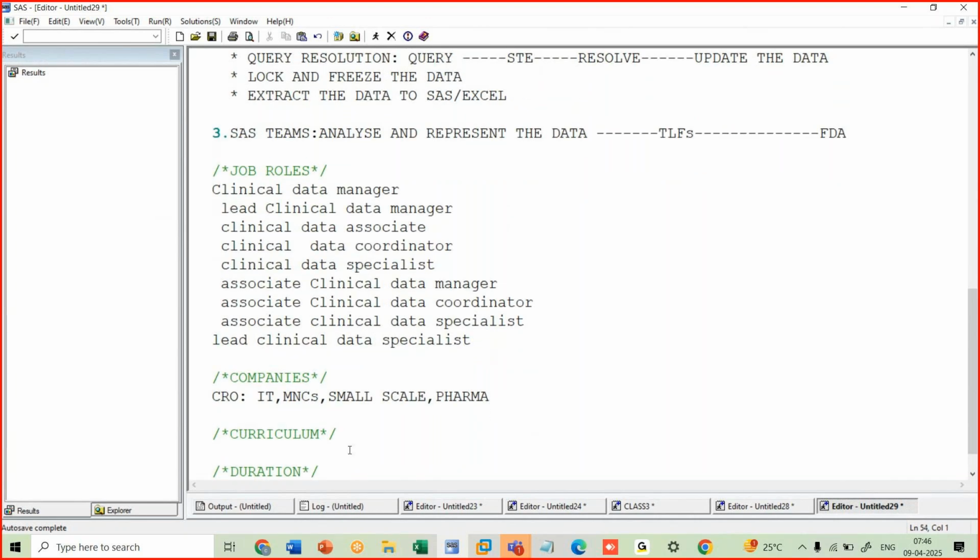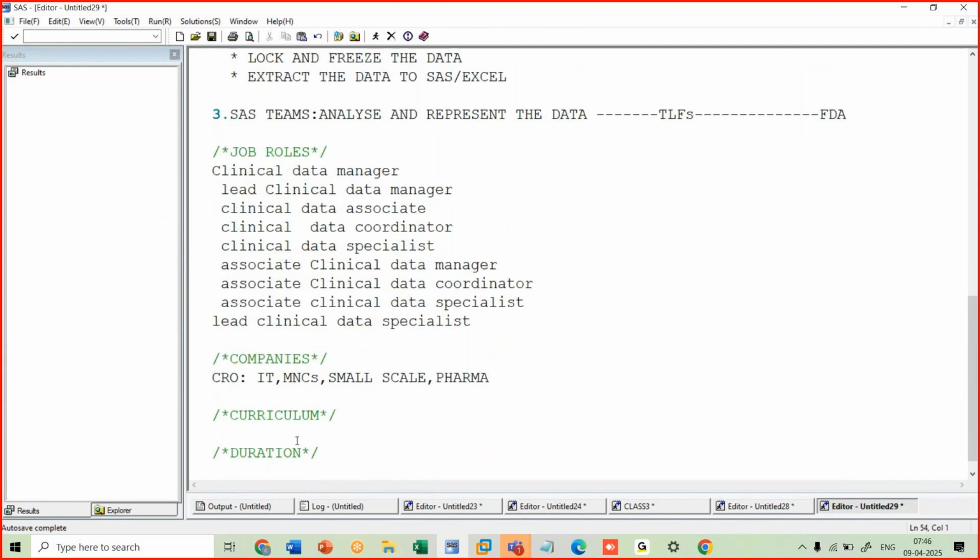Okay. So when it comes to curriculum, I'm going to start with the clinical research theory.